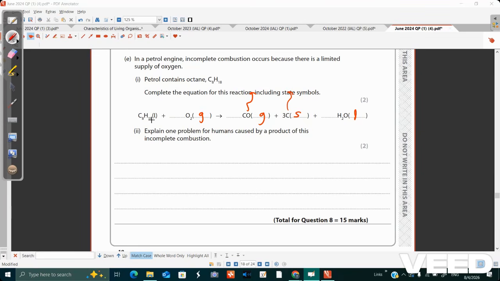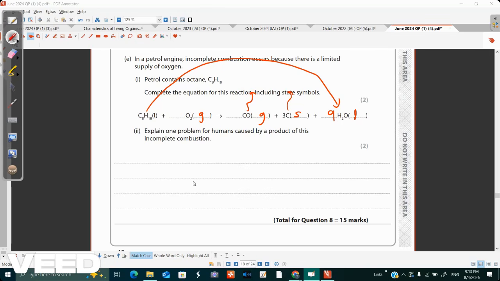So it's much easier now when you look at hydrogens. All the hydrogens are released to this water molecule. So it's easier if you can start balancing from there. Why all these hydrogens are here? 9 times 2. Carbon, 3 carbons are here.